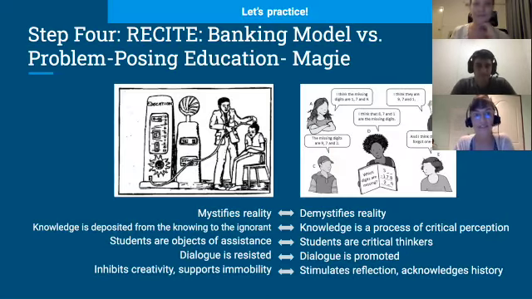And here are some examples of the way that our group has recited some of the main takeaways from this article. What I honed in on was the banking model versus problem-posing education. You can see the image on the left. This is an image of the banking model of education, and this really captures the spirit of what the author is describing.